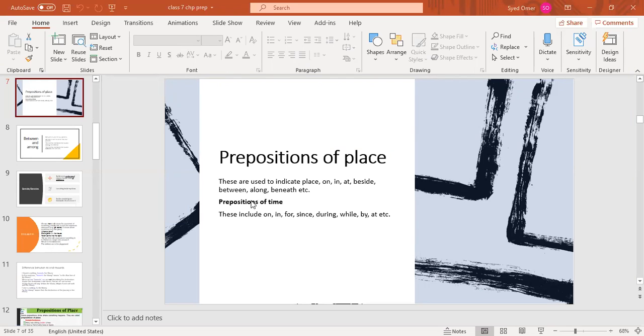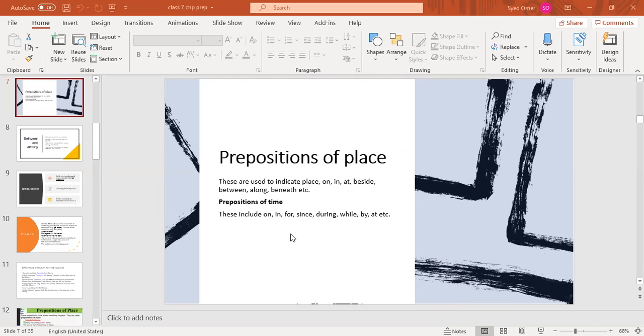Now I'm going to tell you, please note it down so that you know prepositions of place. Many prepositions are used to indicate place. For example, on, in, at, beside, between, along, beneath. And some prepositions are used to indicate time.